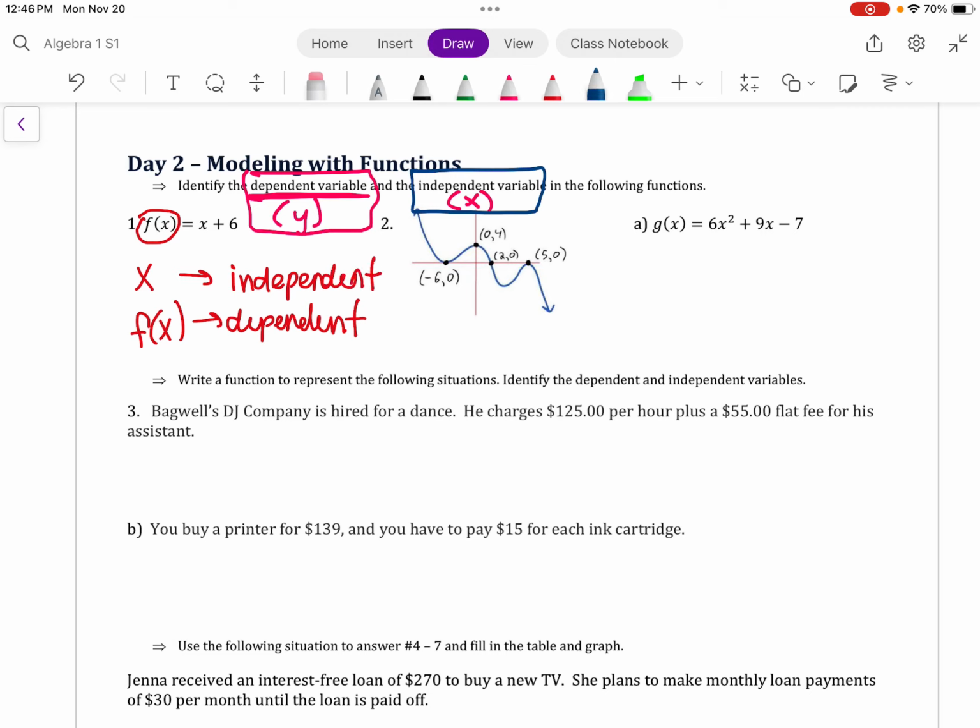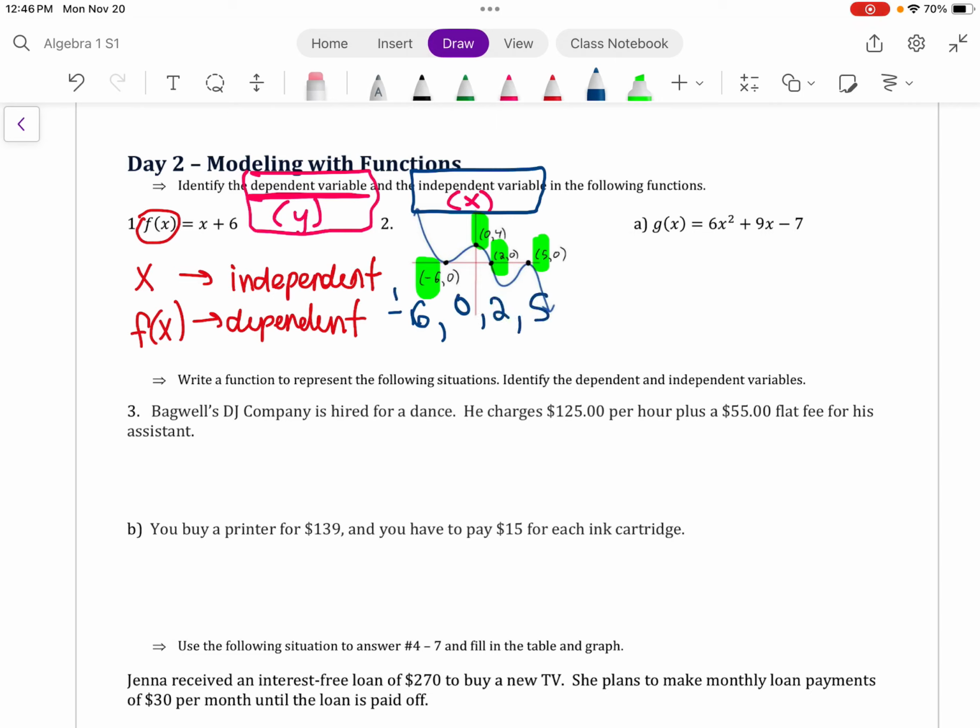You put $5 into a vending machine, or are you putting $10 into the vending machine? And then what is your output? So again, what are your x values for your second one? That will be your independent variables: -6, and then I have 0, 2, and 5.